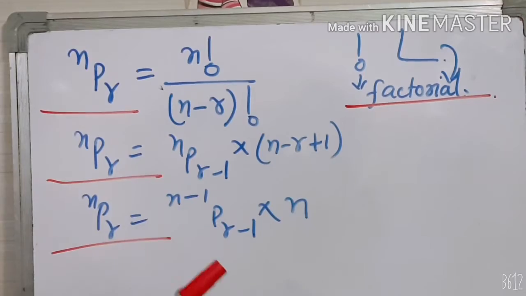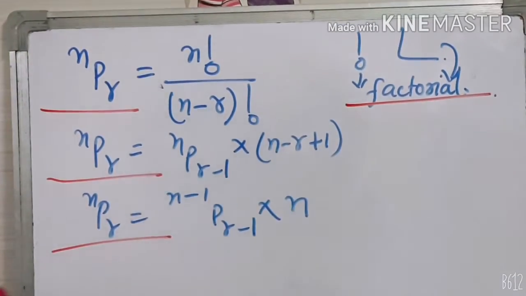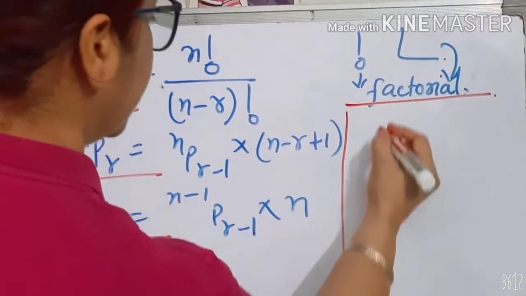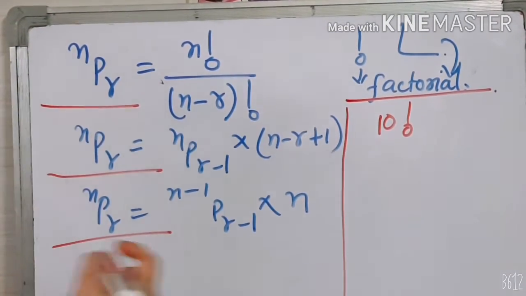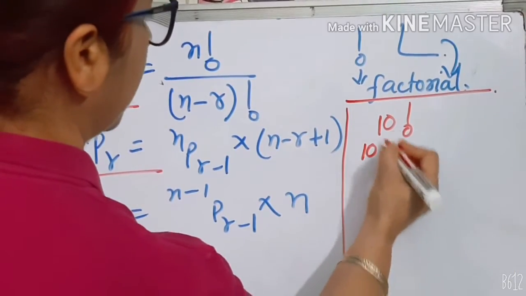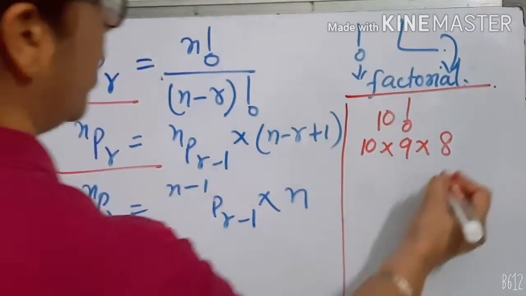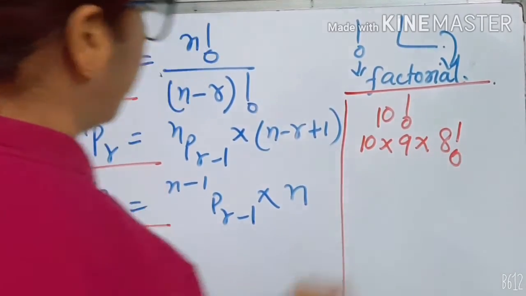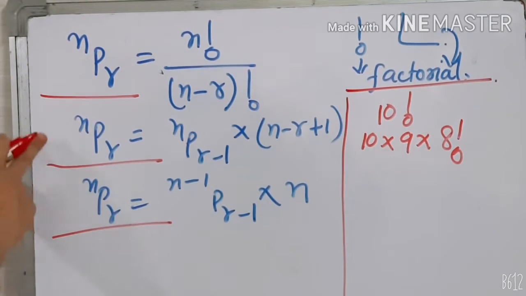You should not get confused between them, because sometimes they write this sign and sometimes that sign. Factorial means you decrease by one each time: if I am writing 10 factorial, that means 10 into 10 minus 1, which is 9, 9 minus 1, which is 8, and so on. Where you want to stop, put the factorial sign. Understood?